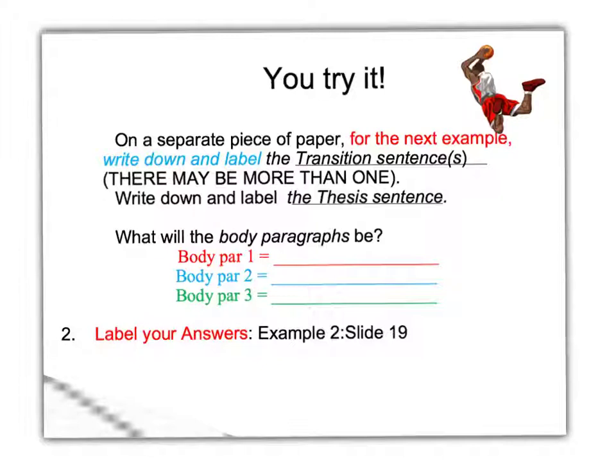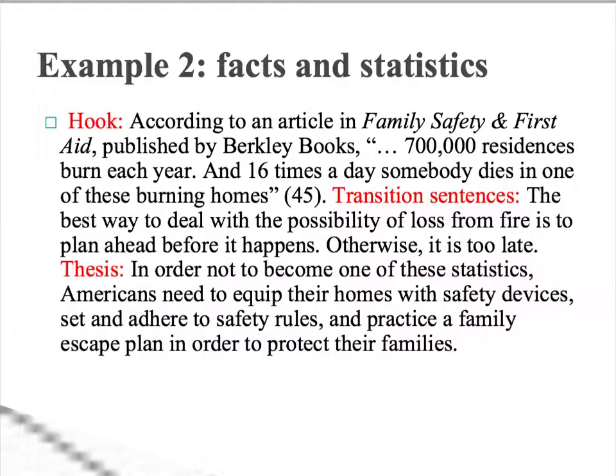And remember, we get that from the thesis sentence because the thesis sentence tells us what reasons, ways, or individual subjects are going to come up in the essay. Okay, you're going to label your answers example 2, slide 19, and that example is going to come on the next slide. And here it is.